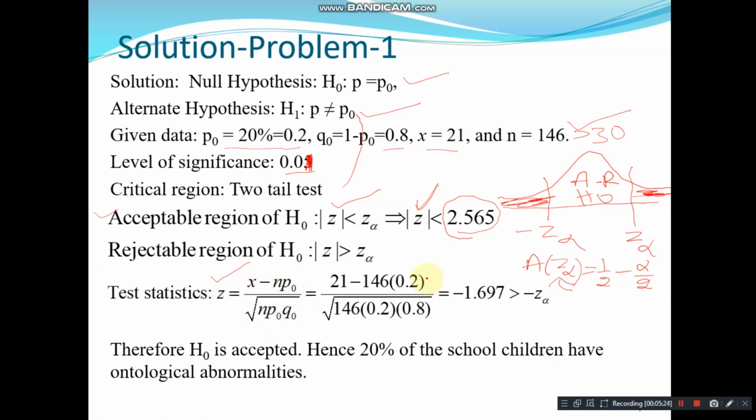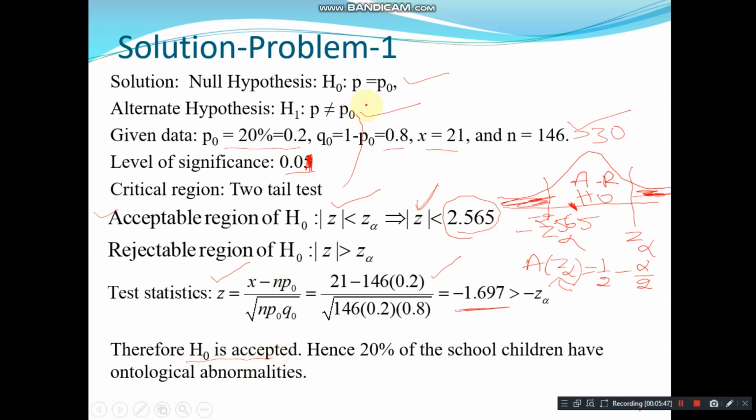Now simply substituting the obtained values in this formula, we will get minus 1.697, which is greater than minus z alpha, so it is actually minus 2.565, right? So minus 1.697 lies in the acceptable region. Therefore H naught is accepted.